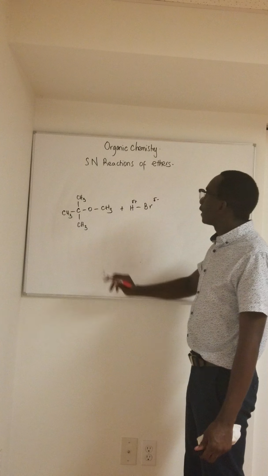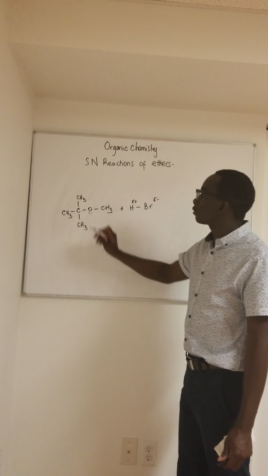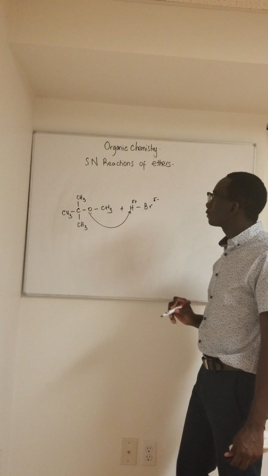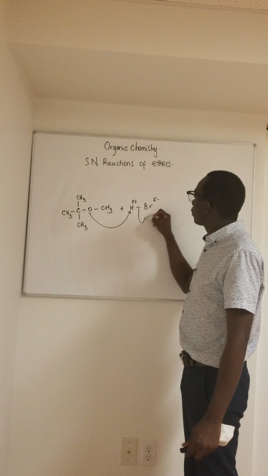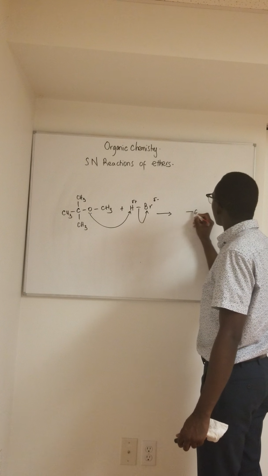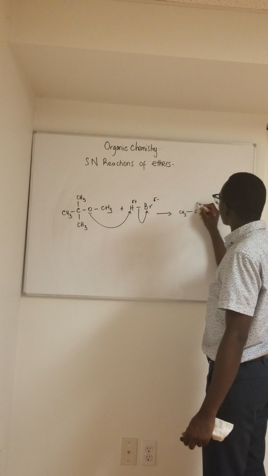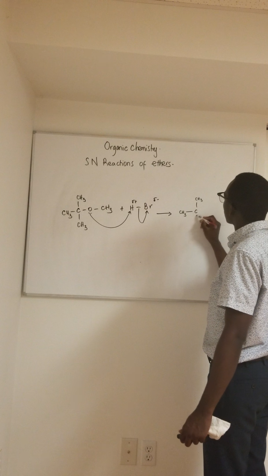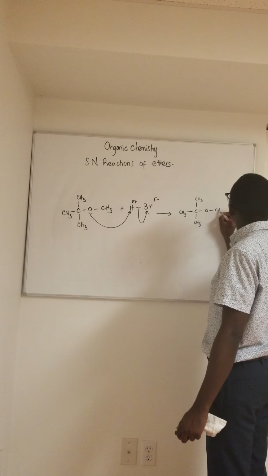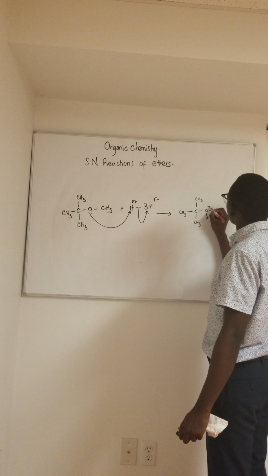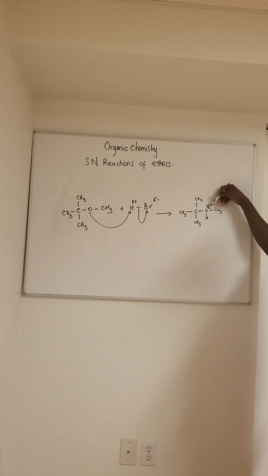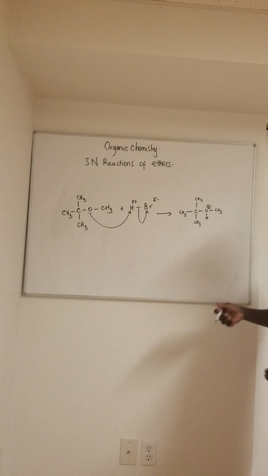We have a lone pair of electrons on oxygen, so this lone pair is going to attract this partially positive hydrogen, and this bond breaks off in favor of the bromide. Then we form something like this. So now we have formed a good leaving group with the oxygen having a plus charge, meaning that oxygen is overloaded.